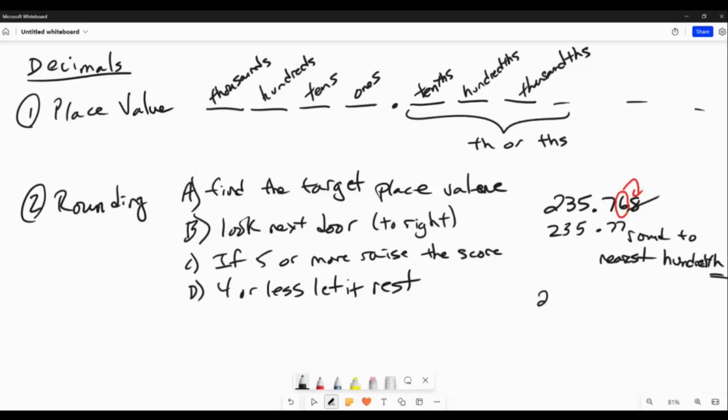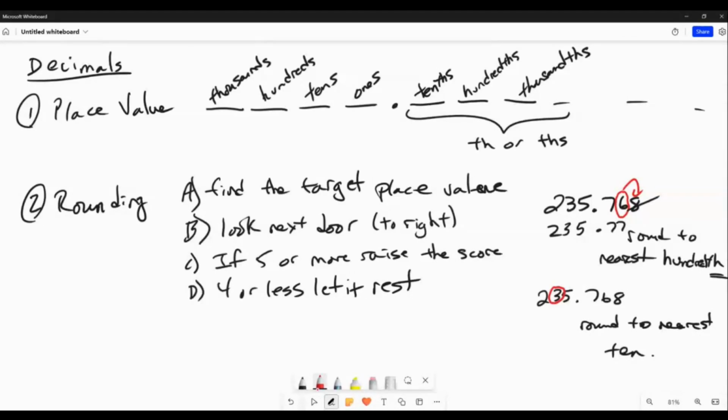If we had that same number, 235.768, and we wanted to round to the nearest 10, we find the target. 10 does not end in THS, so that is not a number after the decimal point. It's a number in front of the decimal point.